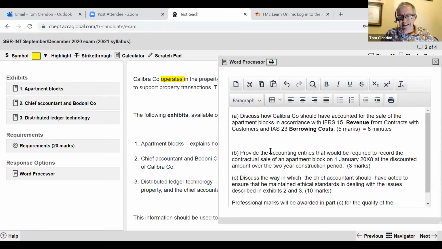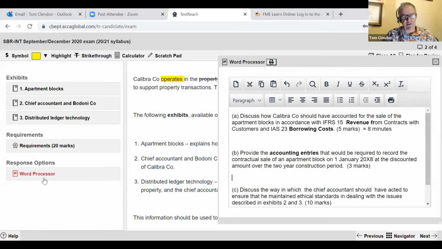Then we've got to provide the accounting entries for what should have gone on in respect of the sale at the 2-year period. So we've got some numbers to do, although interestingly enough, in the response areas, we haven't got the spreadsheet functionality. And then in part C, we've got ethics.